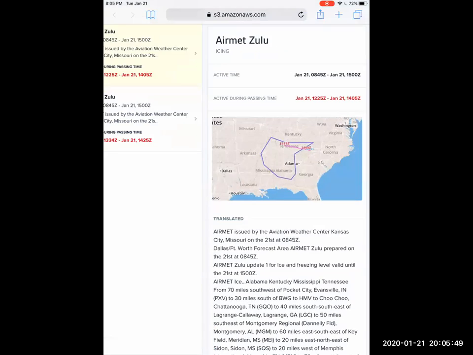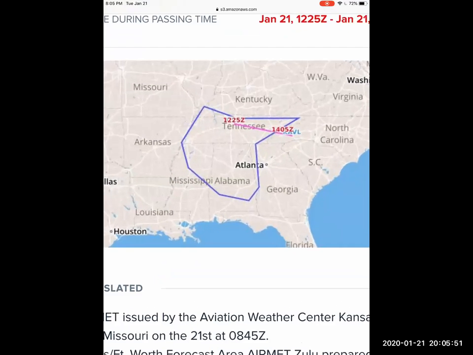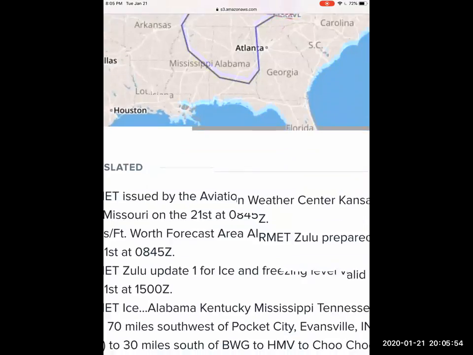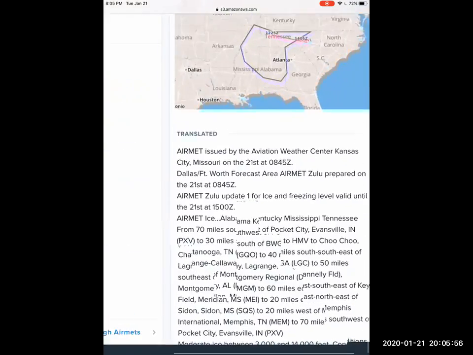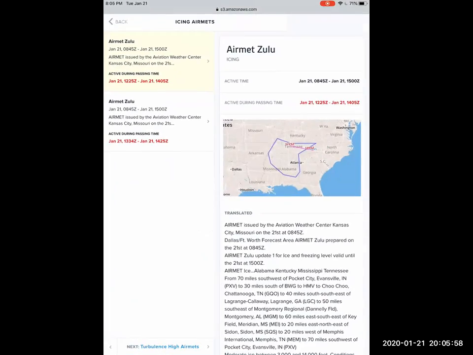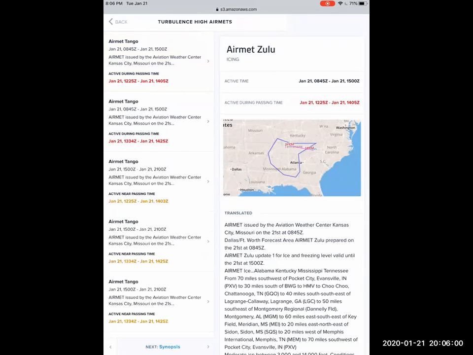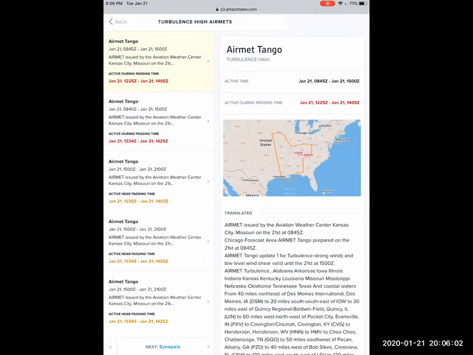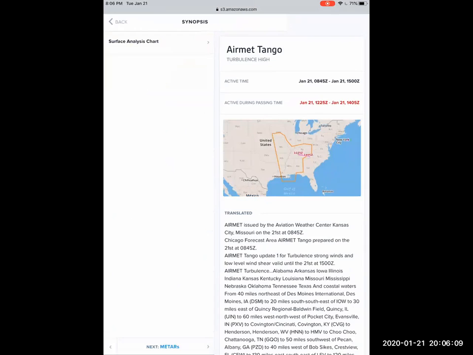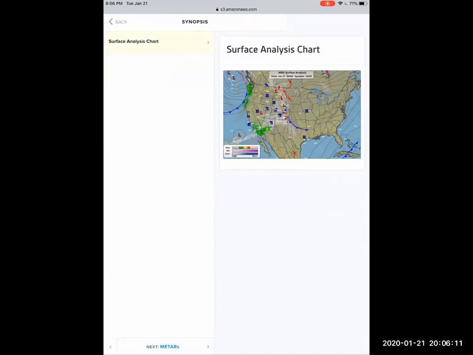There is, sure enough, also an AirMet Zulu for icing. But we're going to jump ahead just to focus on the particulars here as well. There's also an AirMet Tango. So we can see those same exact weather products. However, the main focus we're going to look at is the surface analysis chart.